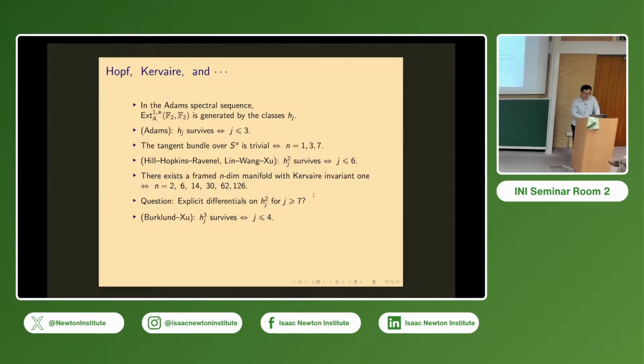But what would be an interpretation in terms of manifolds, framed manifolds? There is some theory developed by Miller, Laures and other people that instead of taking the resolution using HF2, we can use MO, the unoriented cobordism spectrum. It splits as a wedge of suspensions of HF2. So when we smash them together, the homological algebra is the same. It gives us the same Ext.